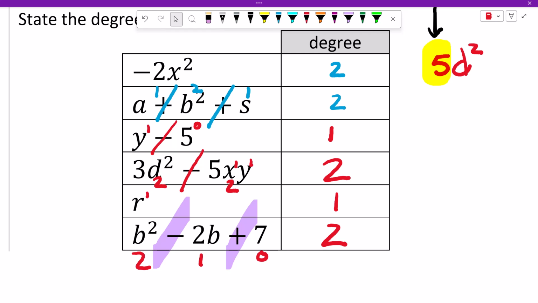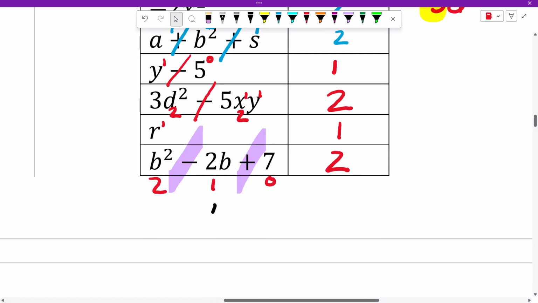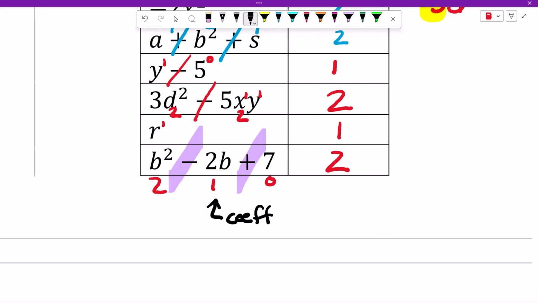What's the coefficient? 2. But you also have to include the sign. So negative 2. Coefficients can be positive or negative, so you include the sign. How about the first one? What would the coefficient be here? Not 0. 1. If you don't see a number in front, there's an imaginary 1. So the coefficient here is a 1.